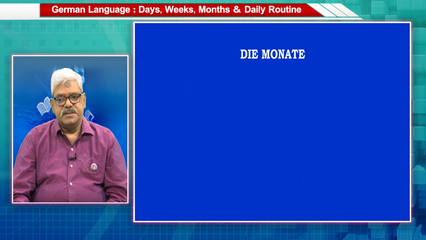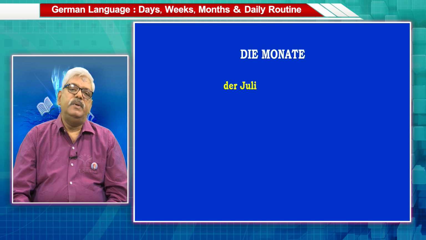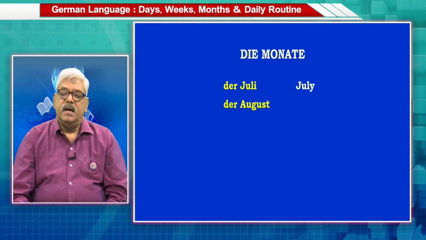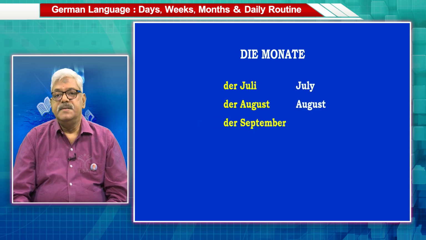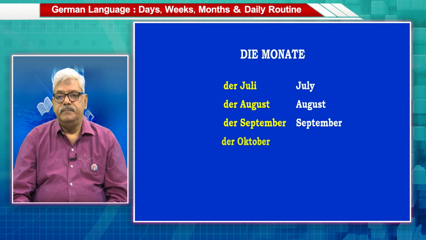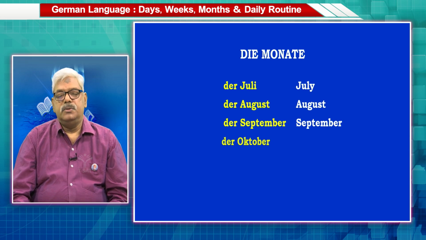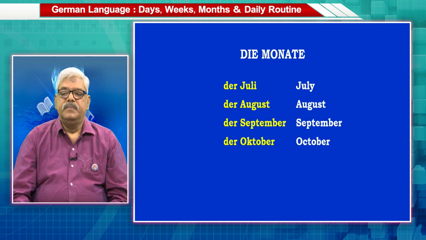The other months. Der Juli, July. Der August, August. Der September, September. Der Oktober, October. Der November.